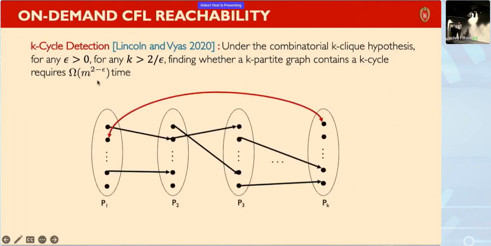And the interesting thing about this conjecture is that the edges are only between partitions which are right next to it in the front and behind. So P2 has edges between P1 and P3, P3 has edges with P2 and P4, and Pk has edges with P(k-1), and then it wraps around to the first partition.